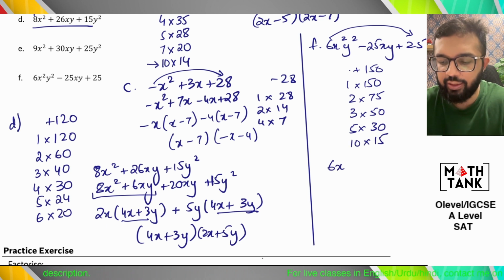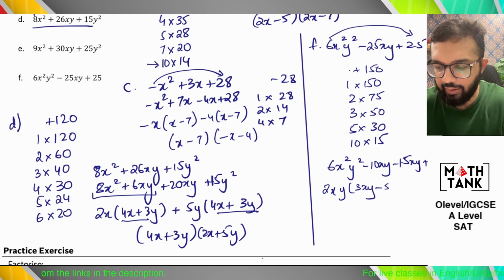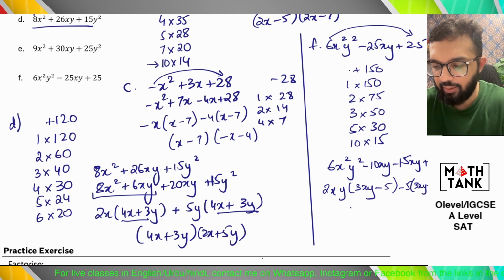So I'm just going to speed that up and say that this is 10xy minus 15xy plus 25. 2xy, so 3xy minus 5, minus 5, 3xy minus 5. 3xy minus 5 and 2xy minus 5.